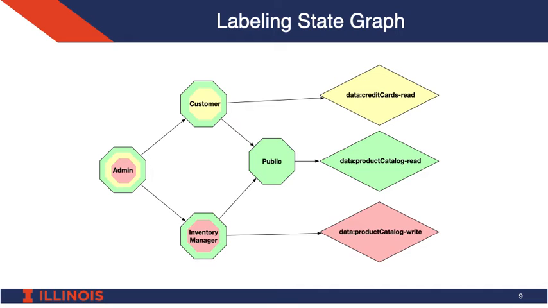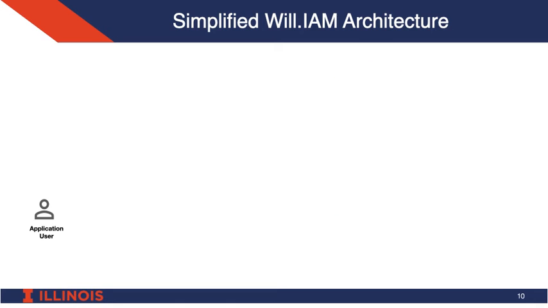Similarly, the inventory manager is only allowed to read from and write to the product catalog database. The admin role possesses all permissions, which is expressed by positioning admin as the parent of both the customer and inventory manager roles.